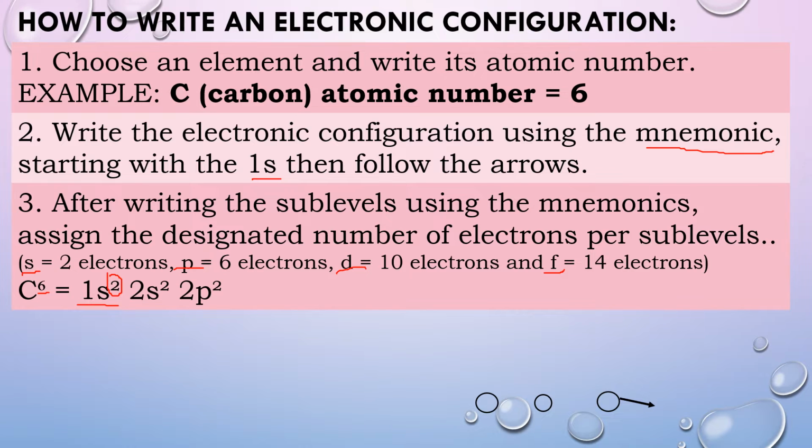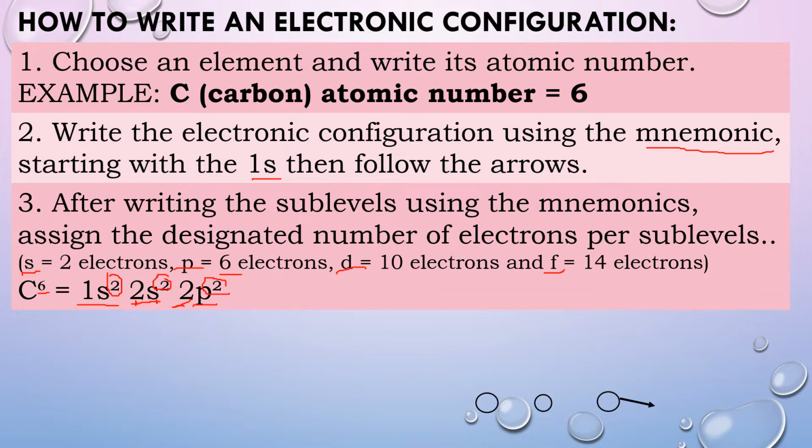Next is 2s, meaning second energy level, s sublevel, and the maximum electrons that the s sublevel can hold is 2. And another is second energy level, p sublevel, and the maximum number na mahuhold ng p is 6. But bakit 2 lang?